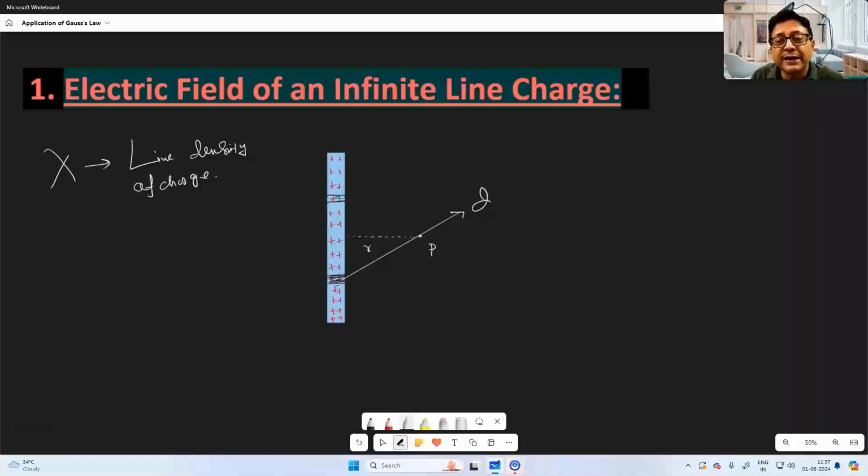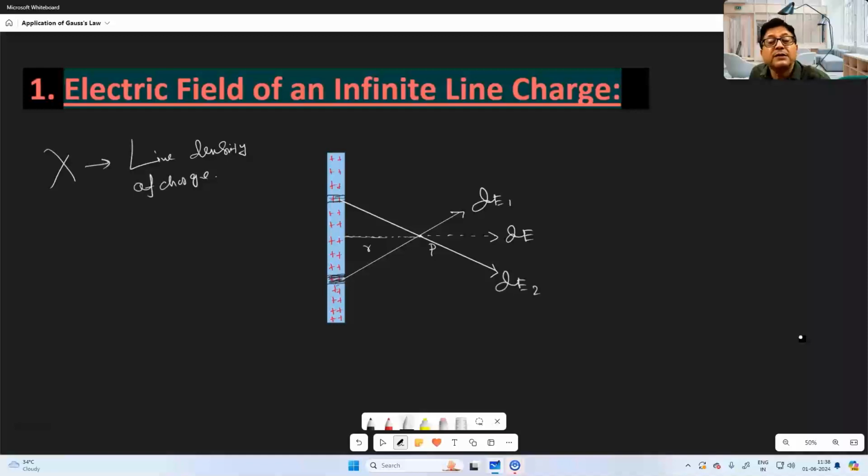Let us take this as dE1, and due to this symmetrically opposite elemental portion, the direction of electric field is this way. So the resultant electric field due to dE1 and dE2 will be this manner, and this field is proportional to 1 by R, isn't it? It depends on the distance. Go far away, then the strength of electric field will be reduced, isn't it?